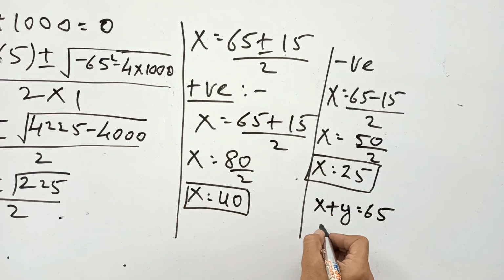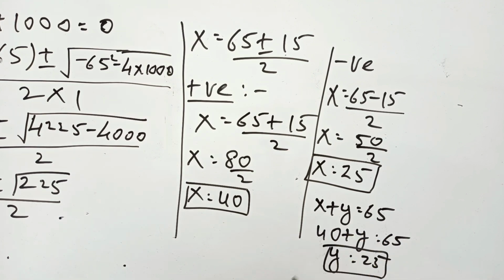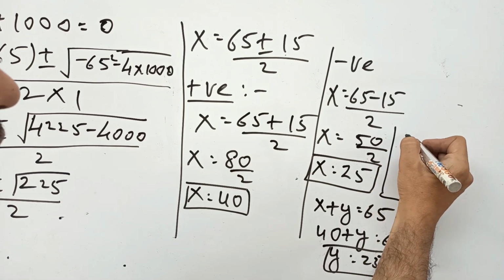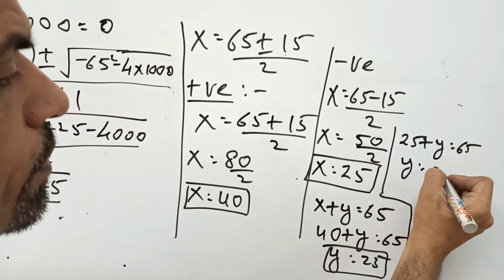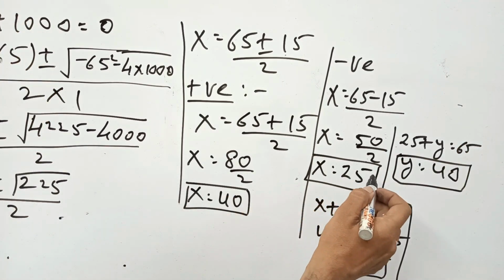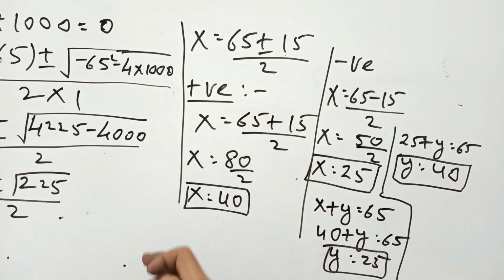If we take x is equal to 40, then y is 25. And if we take x is equal to 25, then y is equal to 40. So it means that both are correct. If we take the length as 40, the breadth will be 25. If we take the length as 25, the breadth will be 40. So it depends on the rectangle.